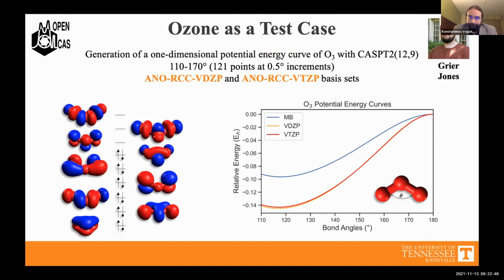So we use ozone, and we also use a significantly larger active space, not the minimal (4,3), which is the typical active space for demonstration. And we use two different basis sets, a double zeta and a triple zeta basis set. We trained this model on the one-dimensional potential by varying the angle theta of the ozone molecule.